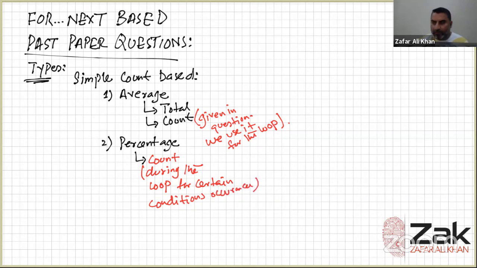For example, I might be asked to input 10 numbers. So this one, the given one loop that I need to count, or I need to work 10 times. Then I might be asked to count how many numbers were above 5 and how many numbers were less than or equal to 5.